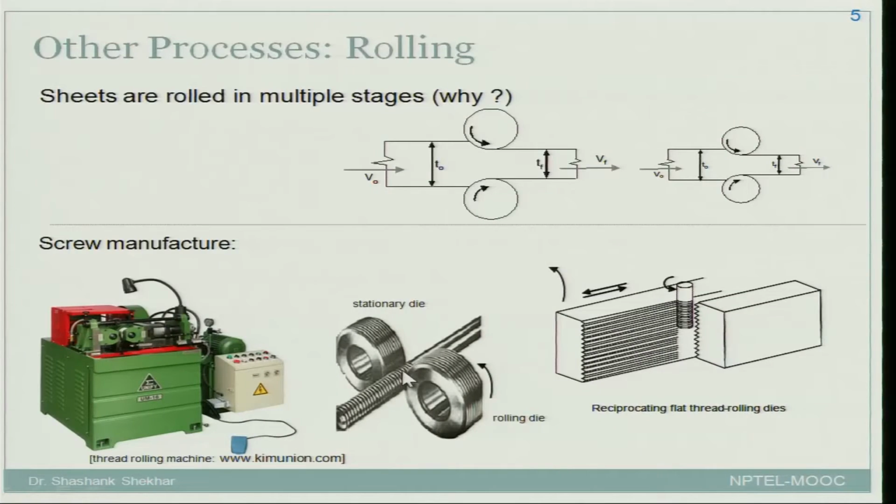For example, when you do the rolling, you ensure that there is some amount of work hardening on the surface, and therefore the material gets hardened, and you want the thread to be stronger. If you do this by machining, you wouldn't get strong threads, and therefore thread rolling using the die is the preferred route to create these kinds of threads.